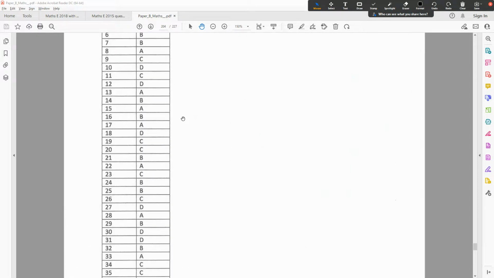Okay, can you spot 18 and 20's answer? Excuse me. What's the answer for 18 and 20? Yeah. 18 is D and 20 is C.